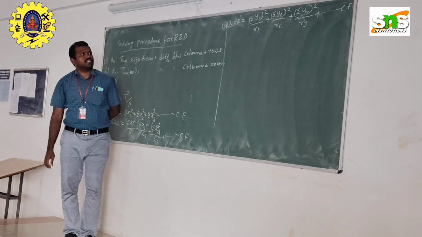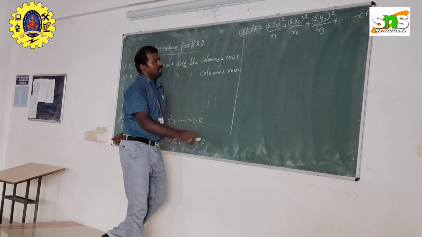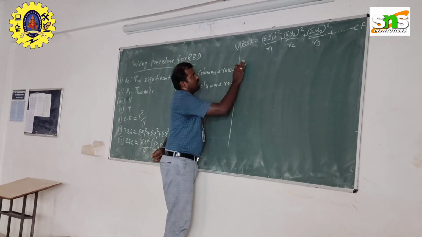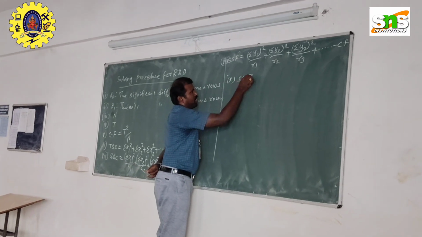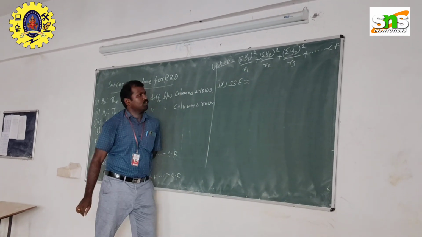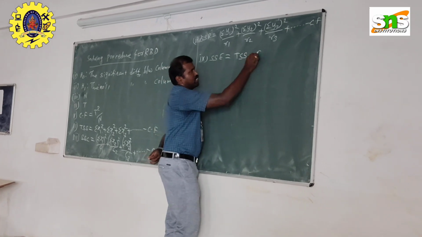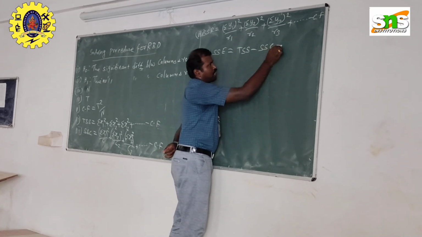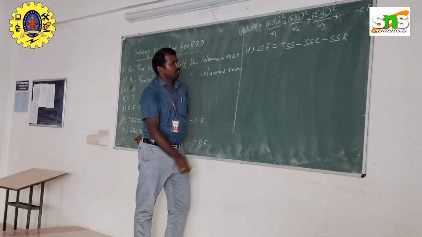This one is the sum of square between row formula. And finally the ninth one, the sum of square error formula. The error formula is total sum of square minus sum of square between column minus sum of square between row.